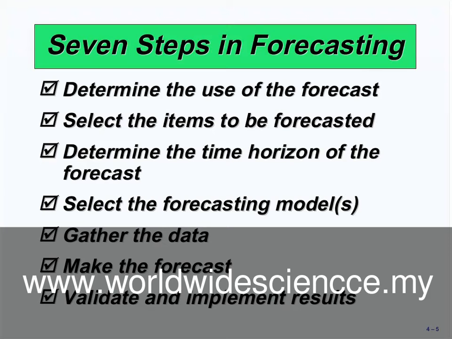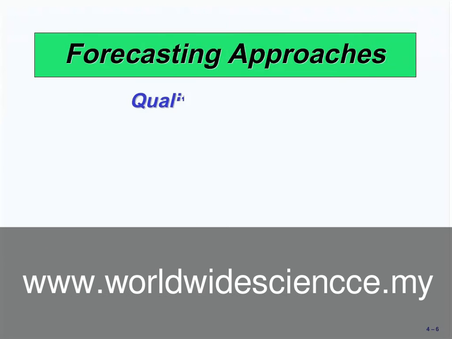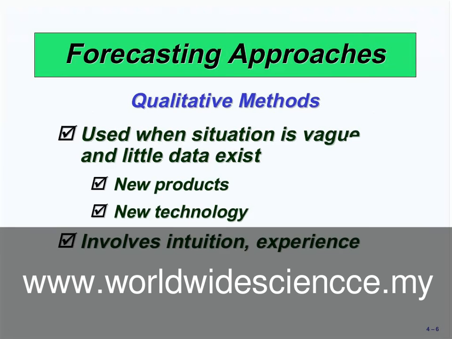Also for new products or new technology, the historical data is very little and they cannot access it because they want to produce a new product or new goods. They have to gather new data for this, and so they can use the qualitative methods.